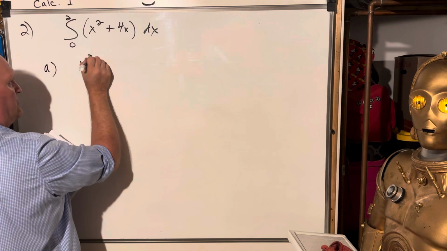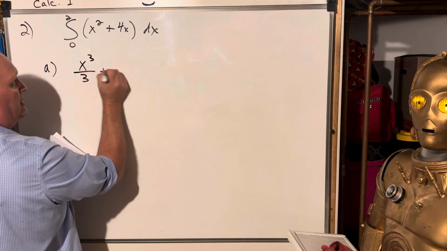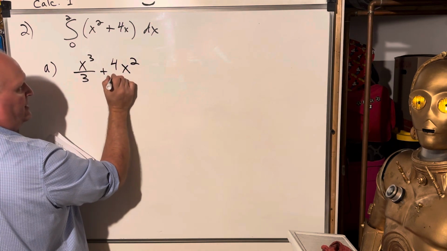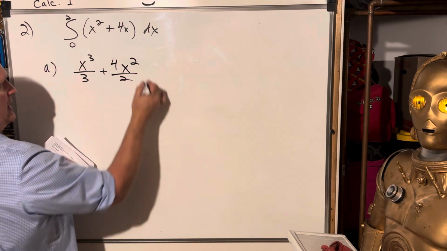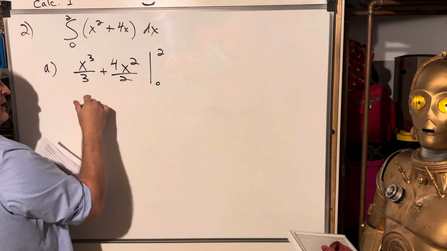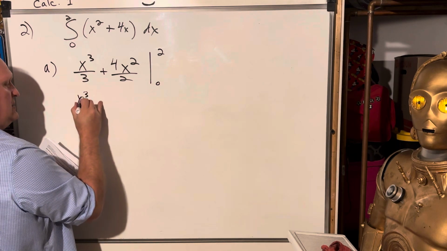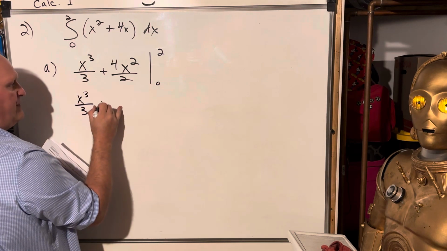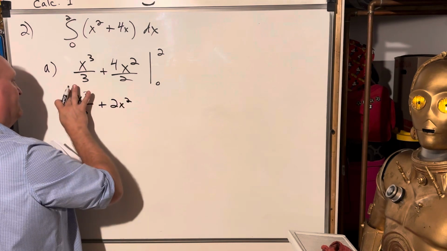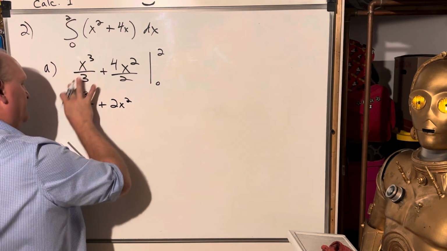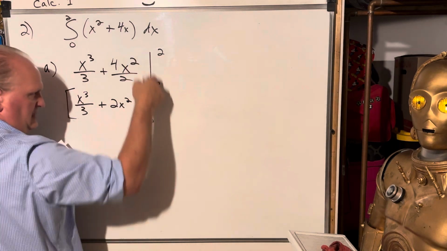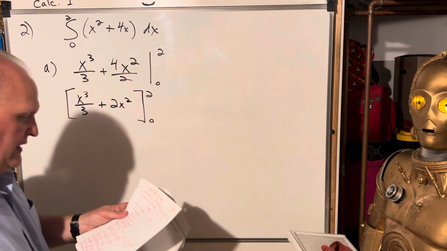That's x cubed divided by 3 plus x squared. And there was a 4 there, but then I divided it by 2. And then that's from 0 to 2. So let's fix this. So it's x cubed over 3 plus 2x squared from that interval. Sometimes you'll see it with brackets like this, 0 and a 2, instead of a little line at the end. A little line at the end is fine.